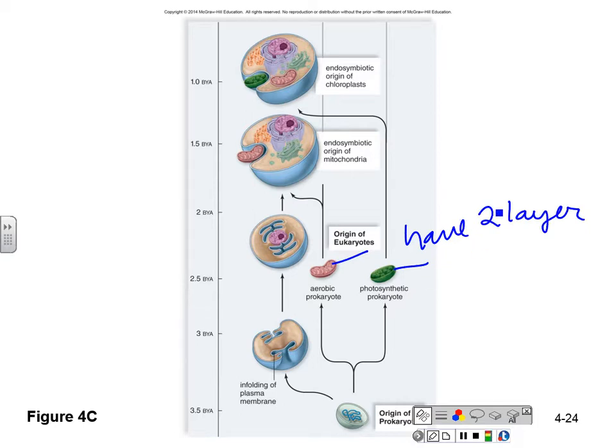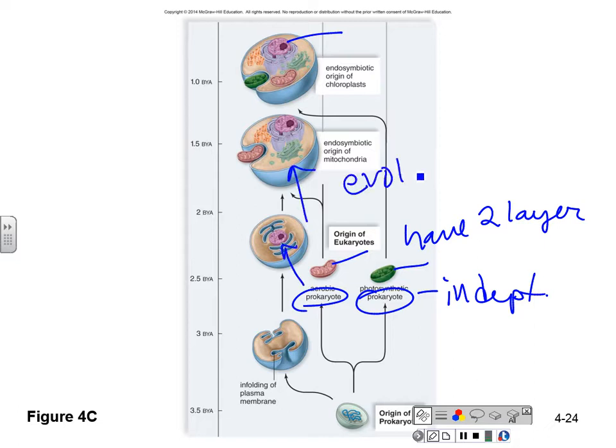Because they are double membrane bound, very much like our nucleus has a double layered membrane, they think that these used to be prokaryotes, that they were independent, and that somehow they got absorbed into the evolving eukaryote.